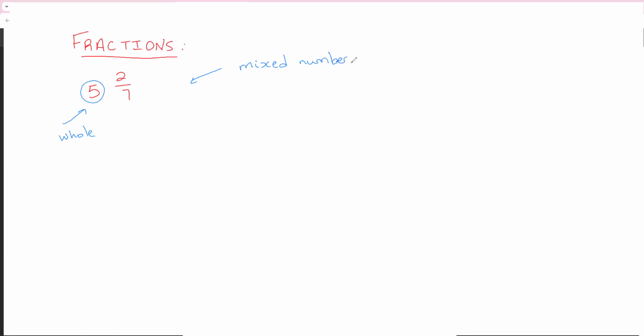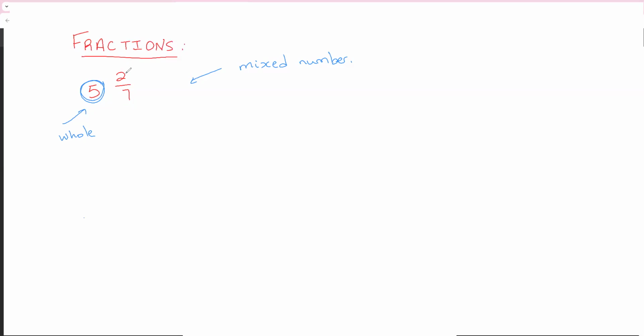Now, mixed numbers can be converted into improper fractions. To change the mixed number into an improper fraction, we're going to take the whole number and multiply by the denominator, and then we add the numerator. So to change this into an improper fraction, we're going to multiply 5 times 7. 7 5s, that's 35.